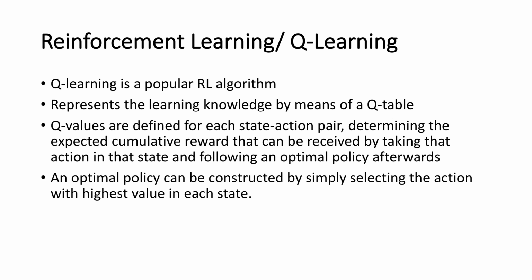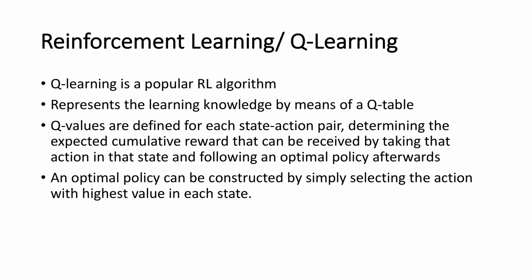Q-learning is a popular reinforcement learning algorithm. It represents the learning knowledge by means of a Q table, whose Q values are defined for each state-action pair or state-decision pair, determining the expected cumulative reward that can be received by taking that action or making that decision in that state and following an optimal policy after that.